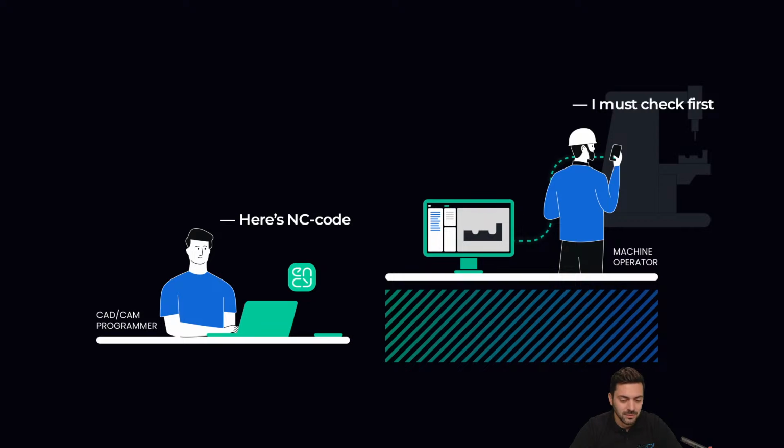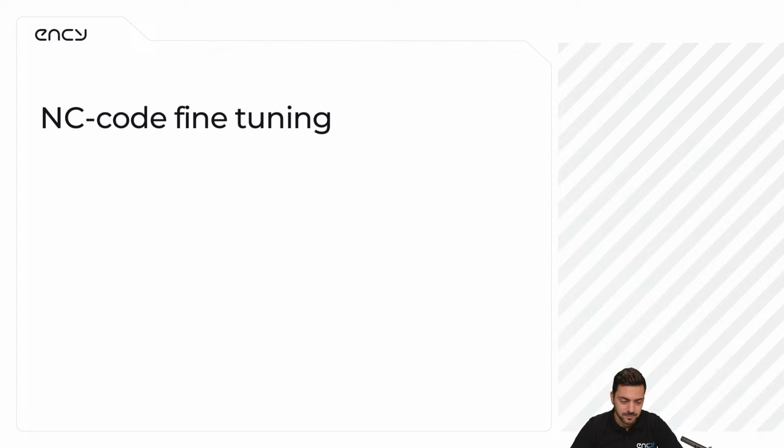I cannot run the text code which I see for the first time and don't understand what's happening in this text. And in this situation, some back and forth communication may be required, like maybe some changes in the ENCY code are required or something else.